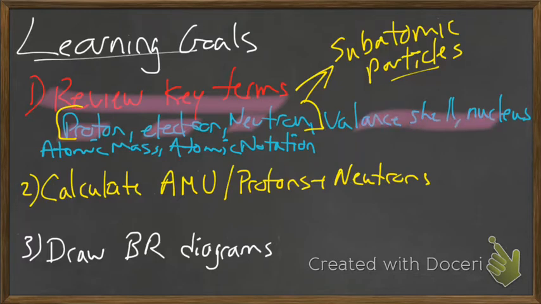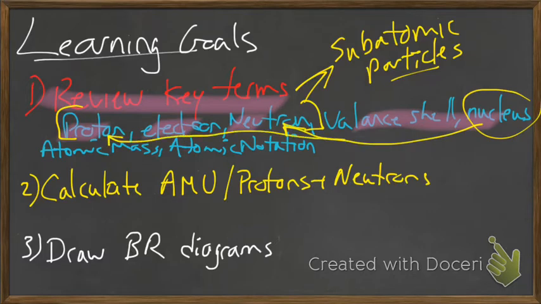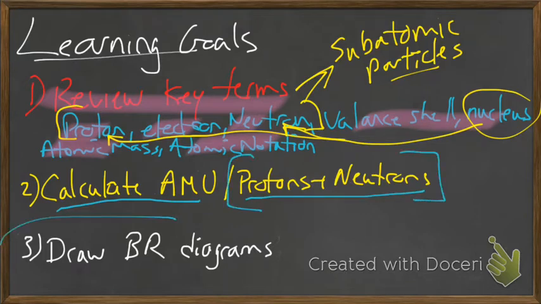We also have to keep those in mind for bonding and reactivity. Nucleus consists of our neutrons and our protons. We've also got atomic mass and atomic notation, which go hand in hand. We're going to review how to calculate atomic mass, knowing that it consists of both protons and neutrons. And finally, we're going to actually draw our Bohr Rutherford diagrams.